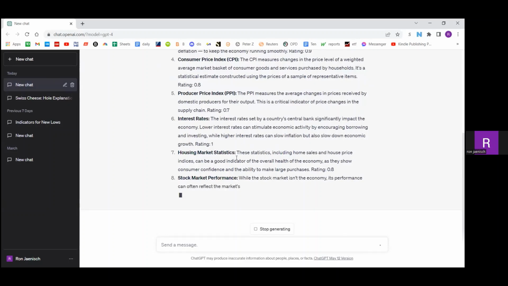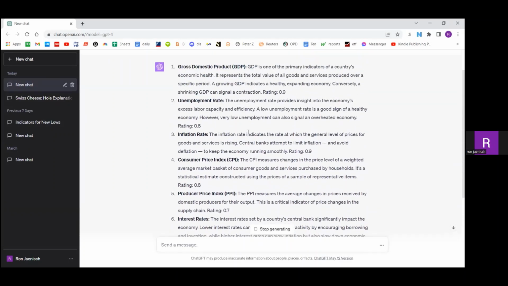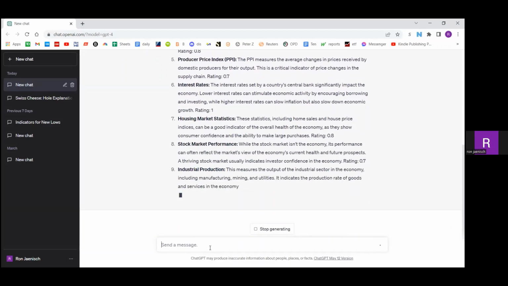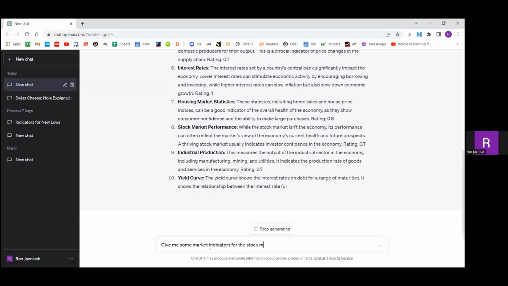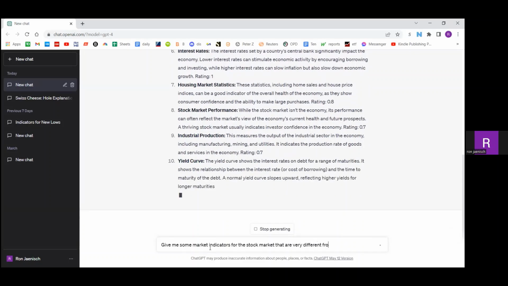So these are pretty normal indices: consumer price index, inflation rate, unemployment rate. These are pretty boring. How about we use some, give me some market indicators for the stock market that are very different from these.